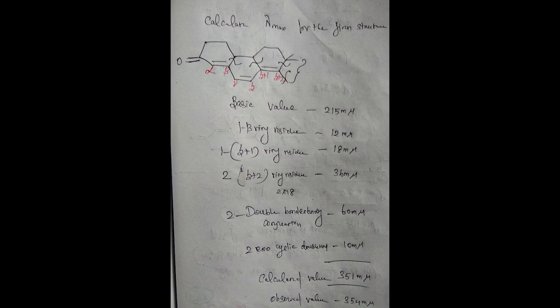And there are 2 double bonds extending conjugation, so 2 into 30 millimicron, it is 60 millimicron. And you can see 2 exocyclic double bonds, so 2 into 5, 10 millimicron. So totally the calculated value is 351 millimicron. The observed value is 354 millimicron.